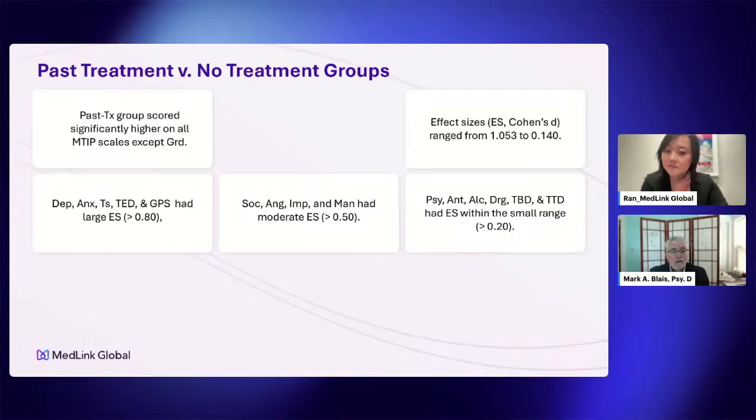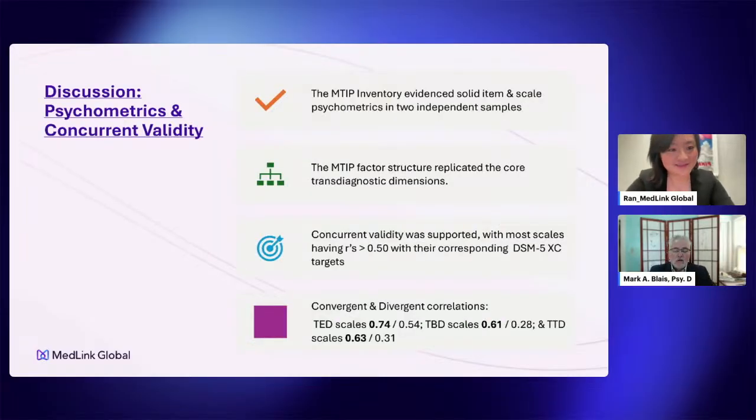So just to recap here in the discussion, the psychometrics and concurrent validity: the new MTIP inventory evidenced solid item-to-scale psychometrics across 2 independent samples. And that's important. We developed it and validated it in different samples.